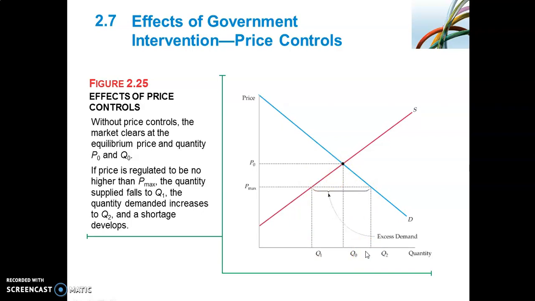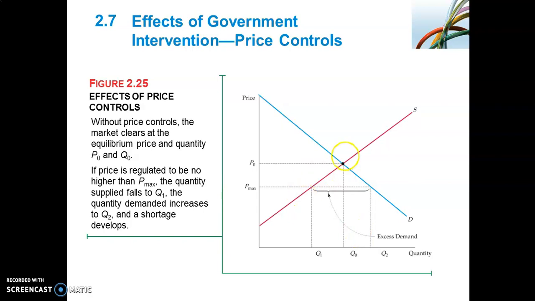Thus, there is an excess demand or market shortage given by the difference of Q2 minus Q1. It is important to note that some consumers gain, but others are rationed out. Producers lose, and some may leave the industry. The gains and losses are quantitatively and qualitatively evaluated in Chapter 9.